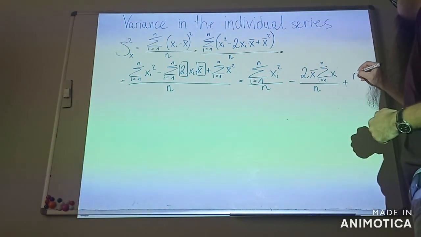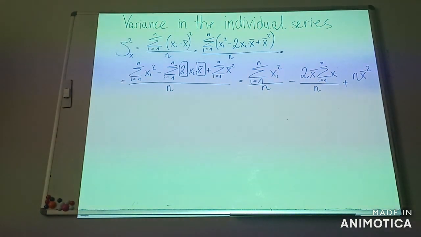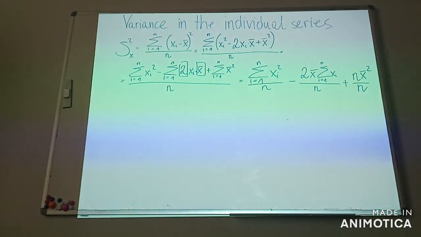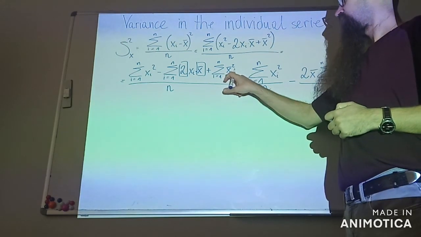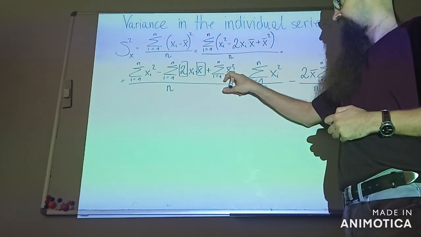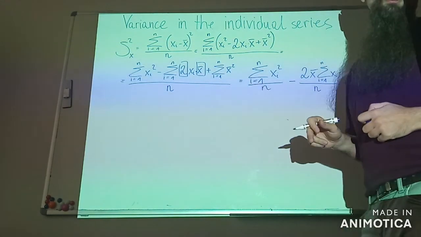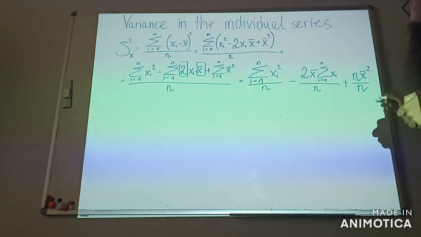So we have n x mean squared here, divided by n, of course, because here we sum up n times the mean squared value.